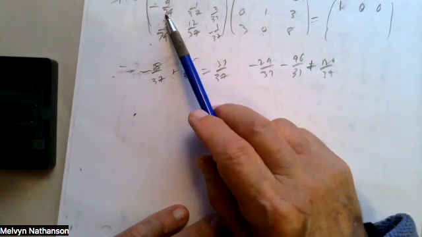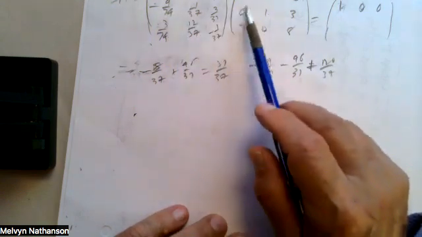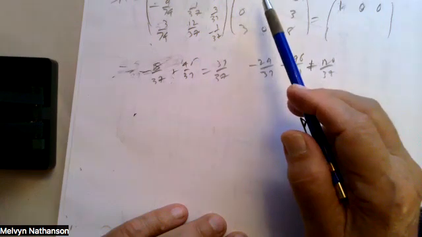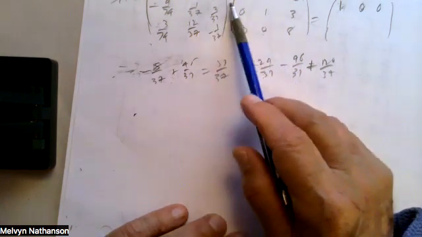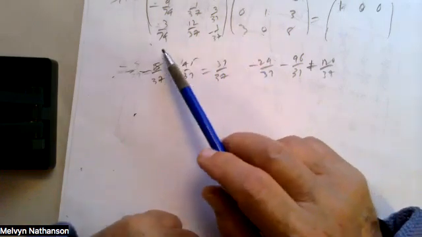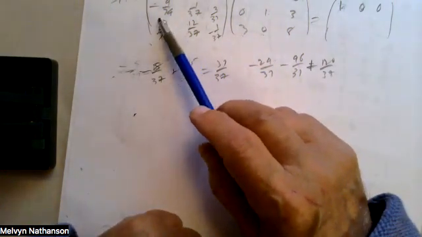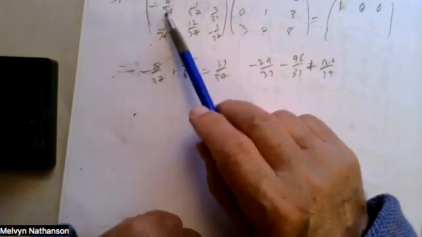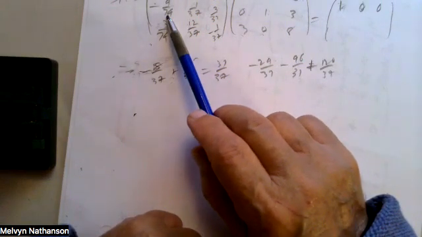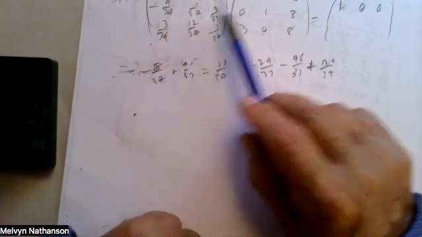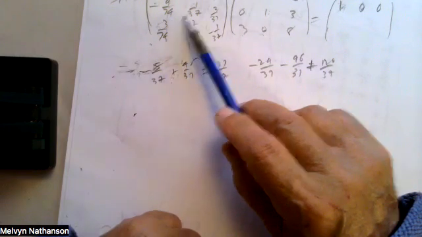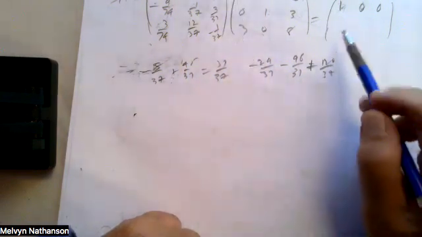And the second row, first column, like minus 8... sorry, this is minus 9 over 74 times 2. So it's minus 9 over 37 plus 9 over 37.